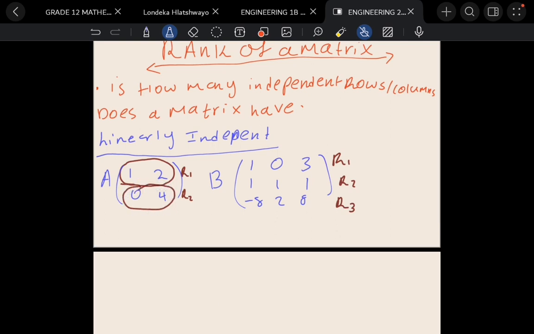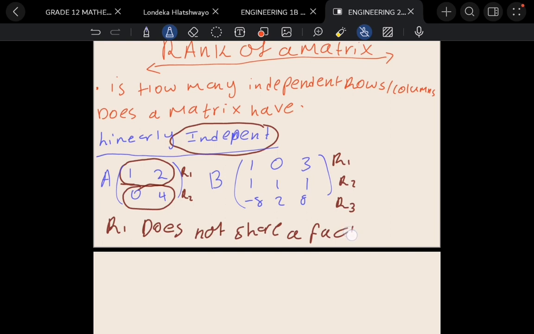The concept of linearly independent means row 1 does not share a factor or a multiple with row 2.